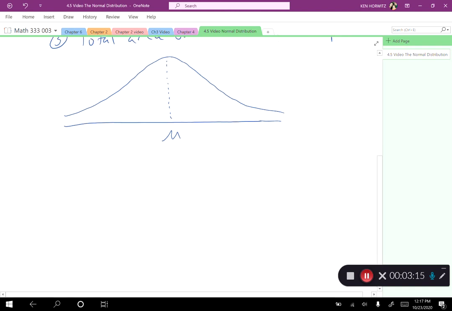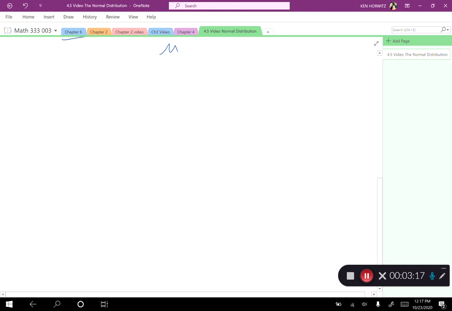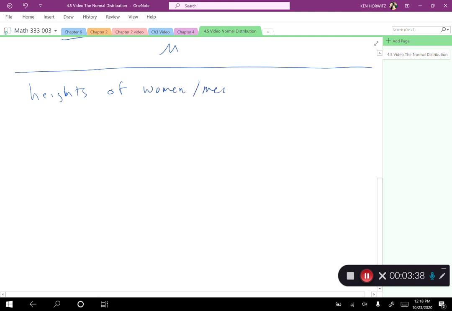The normal distribution can look slightly different based on what you're measuring. So for example, if I did a normal distribution for, let's say, the heights of women and men, all right, here's my continuum.